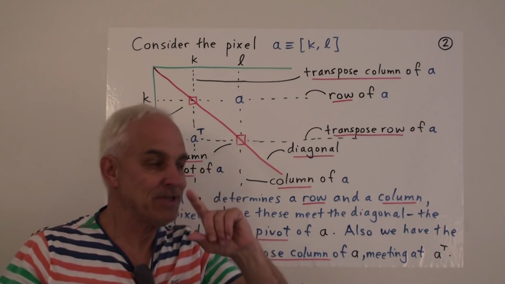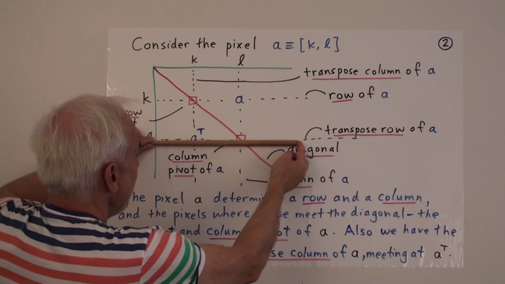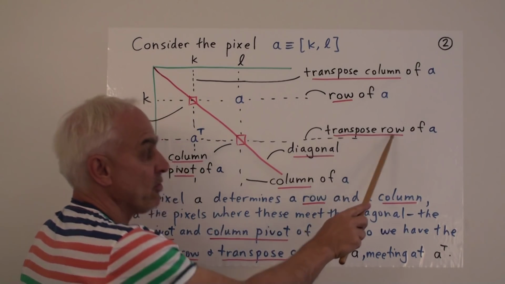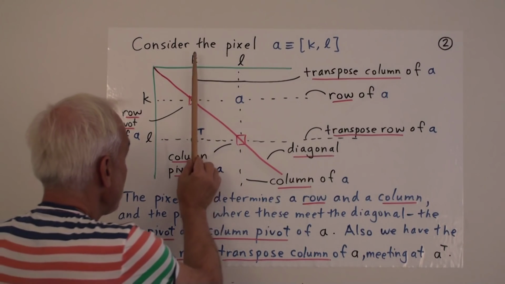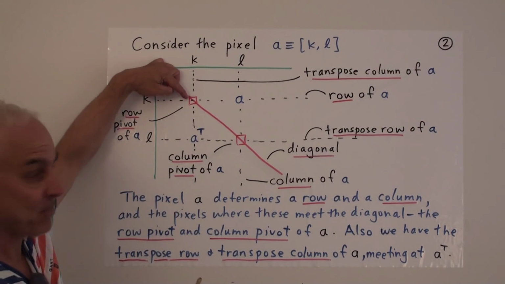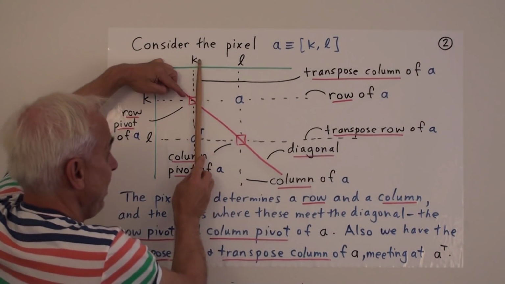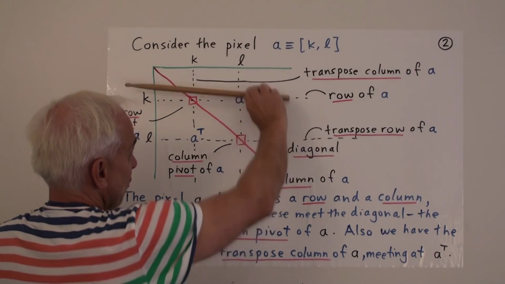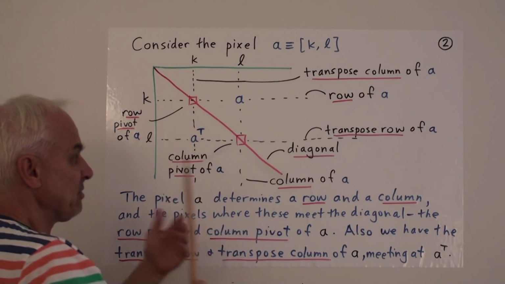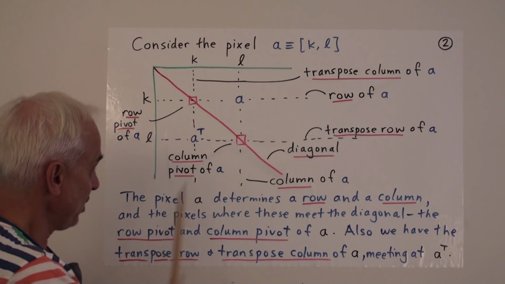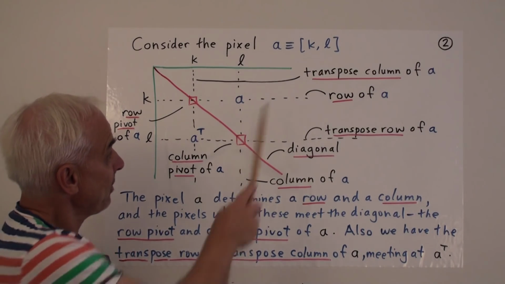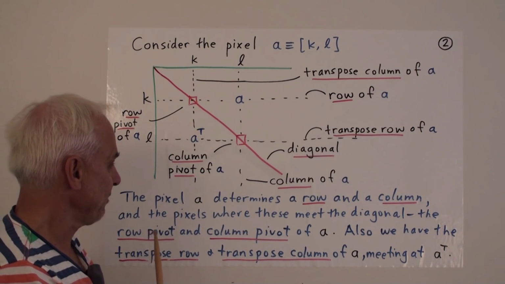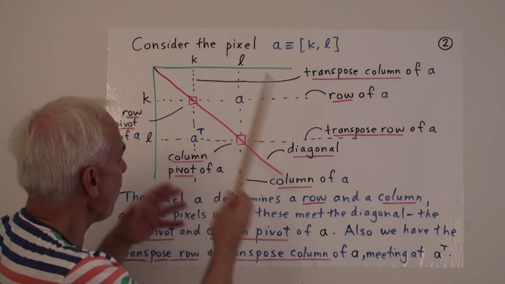We also have two secondary rows and columns. This row here, the row through the column pivot of A, will be called the transpose row of A. And this column here through the row pivot of A will be called the transpose column of A. So altogether, A determines its row and column, together with a transpose row and column, which pass through the pixel LK, which is the transpose of A. So that's a nice sort of fourfold aspect.